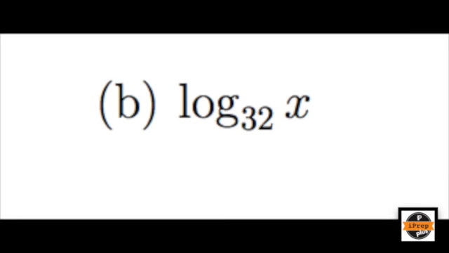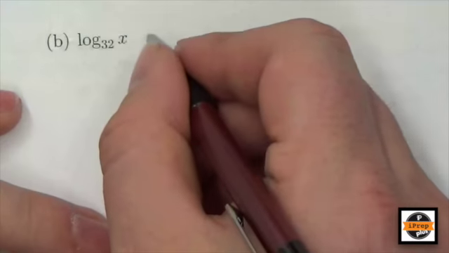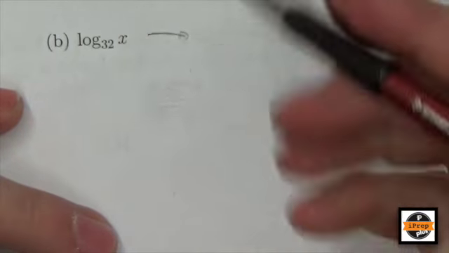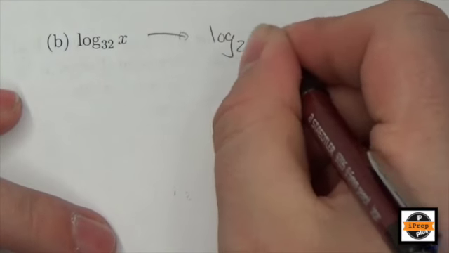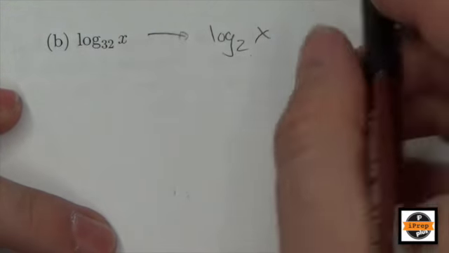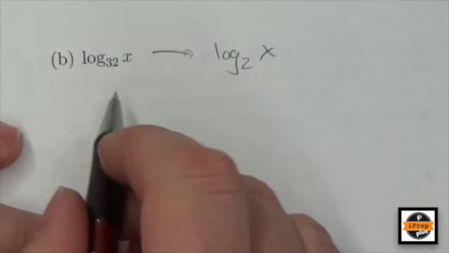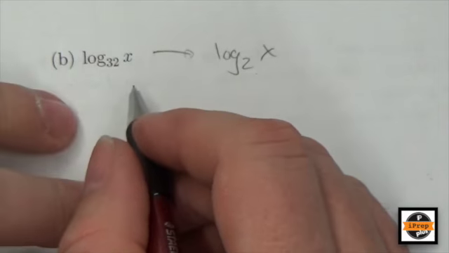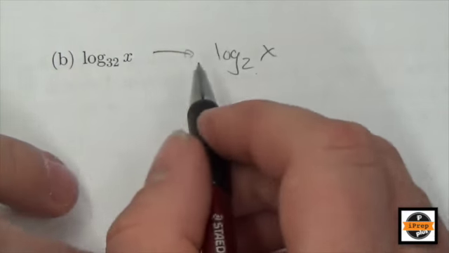Example 4b. So as with the previous question, what we're doing here is comparing this to log base 2. And again, what I need to do here to make an accurate comparison is to have this as the same base.